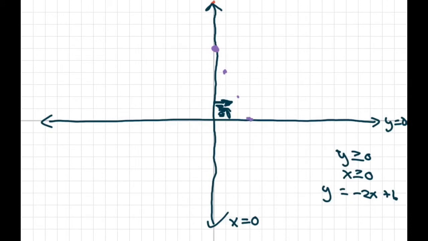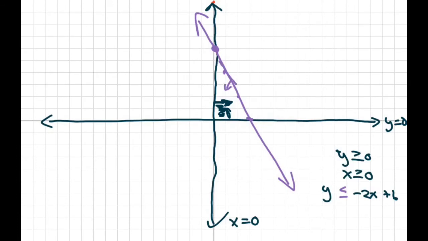I'm going to graph this as straight as I can. Now for this one, it says this is supposed to be less than, so you go on this line in this area, and we're going to be shading down.